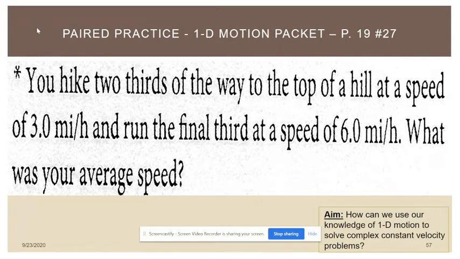Now, this is usually the time in the period when I give you an example of one of these to solve on your own. But we're not going to do that with this one particular problem, because in the packet, this one-dimensional motion packet, there are not that many examples of these.